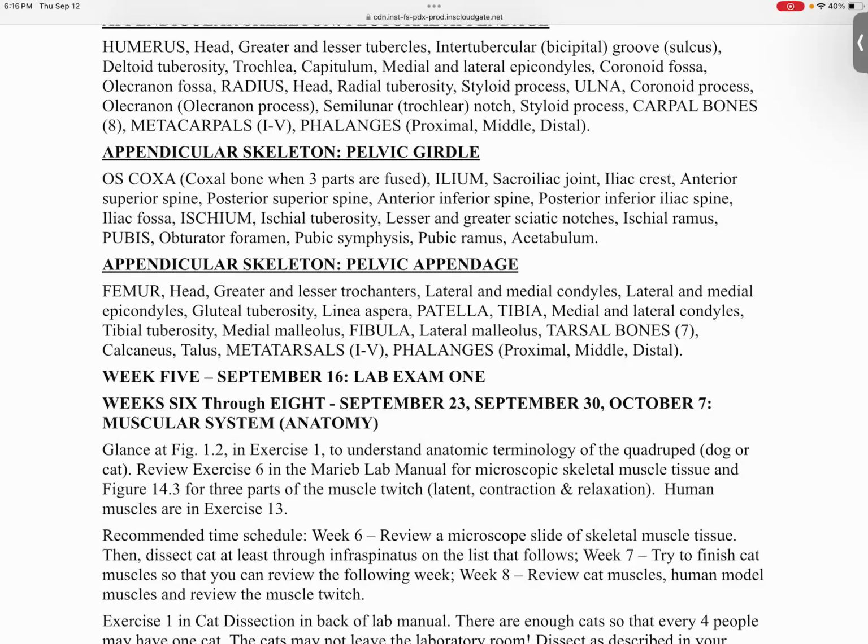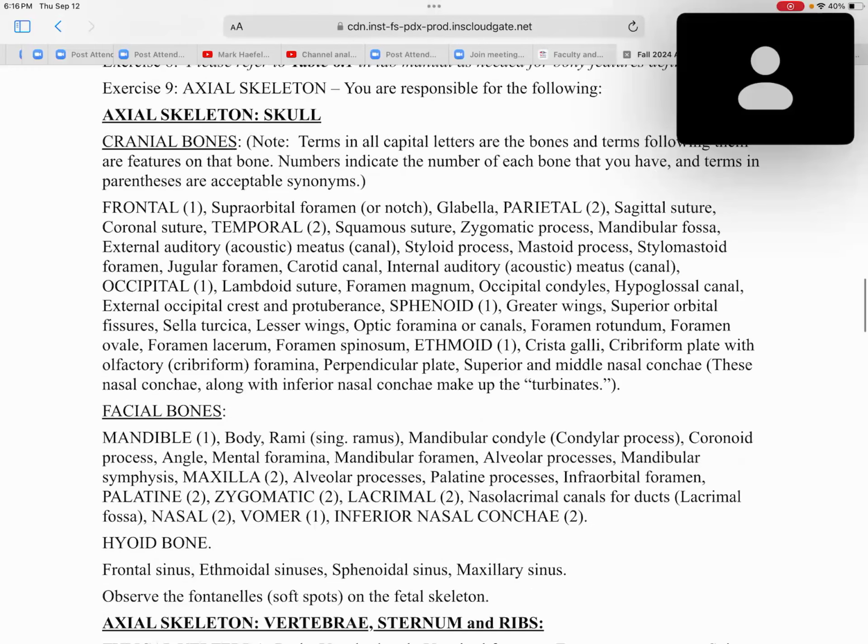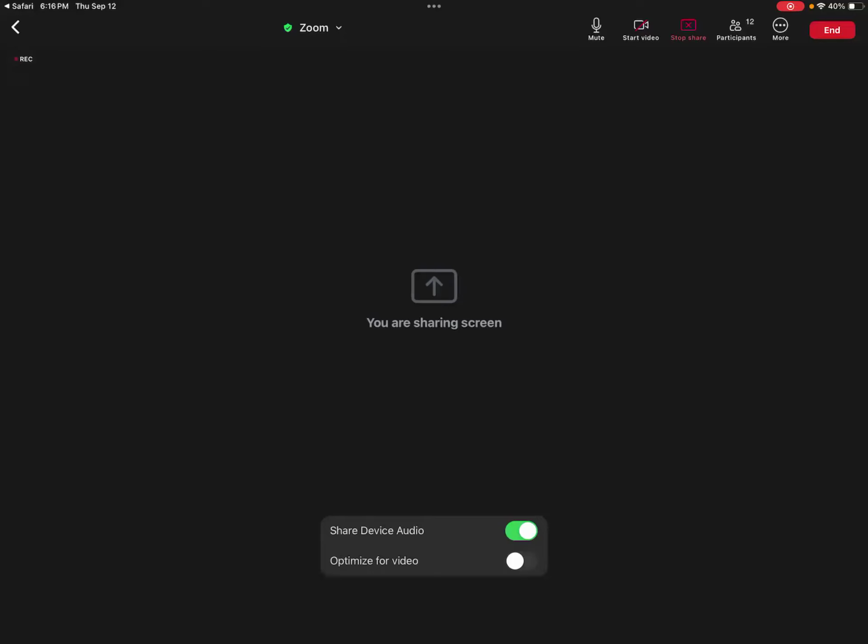Our schedule has chapter 7 coming up next. I encourage you to take a look at chapter 7. It's essentially what you guys have been doing in lab for the last 3 weeks. It's literally the exact same thing that you see in Marieb.